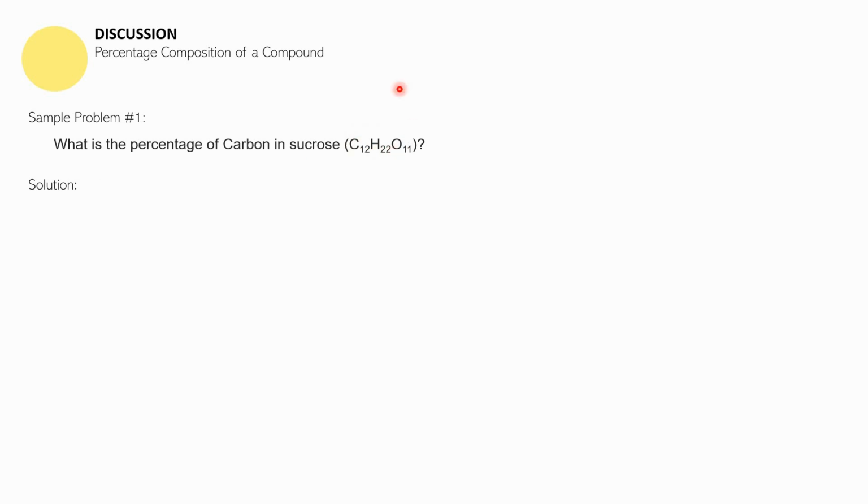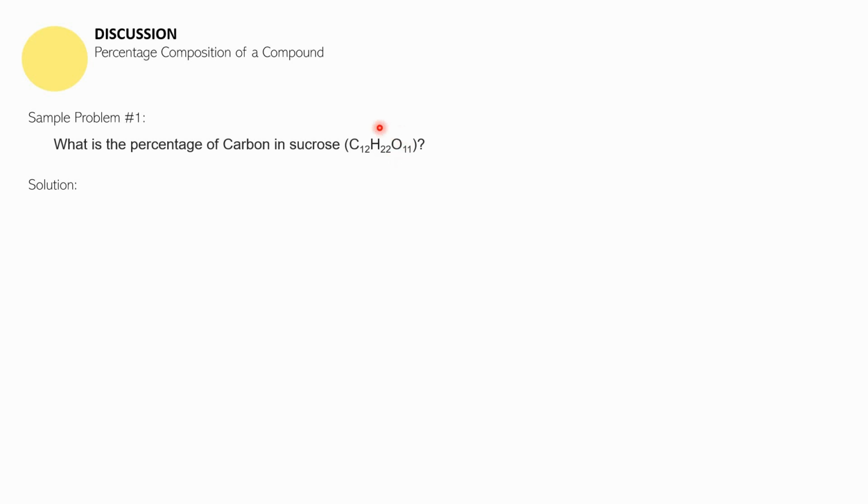If sucrose has the following chemical formula, C12H22O11, that means meron siyang 12 na carbons, 22 na hydrogens, and 11 na atoms ng oxygen na silang lahat, they're bound to each other in a certain way that will make up sucrose, which is known as sugar.